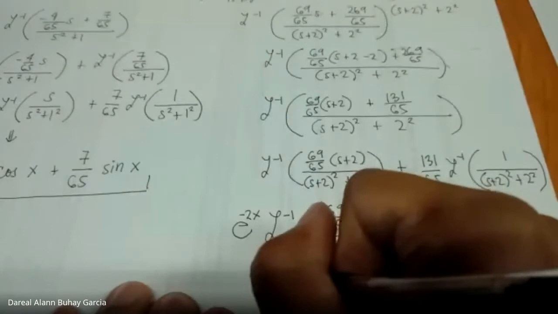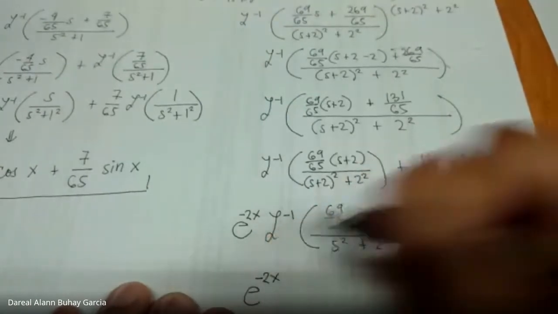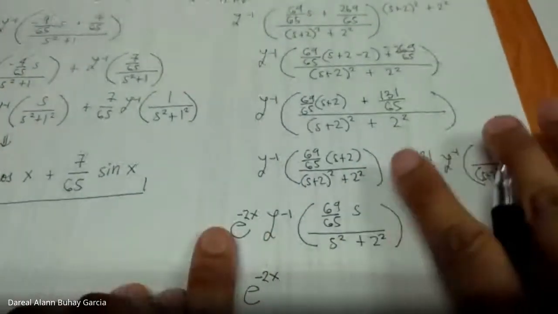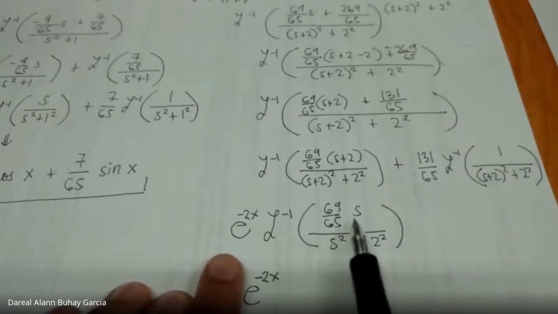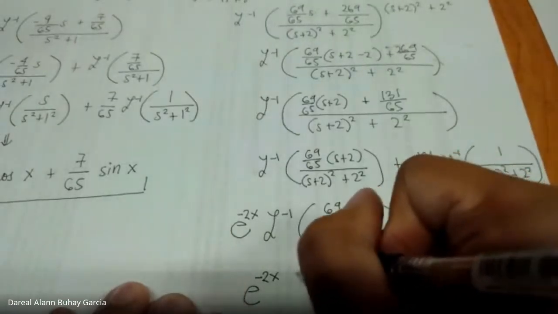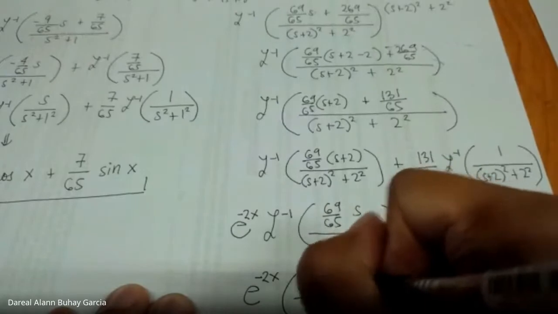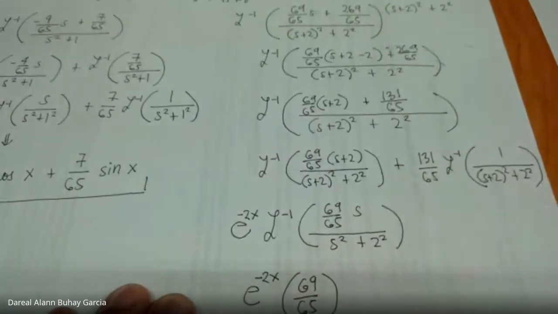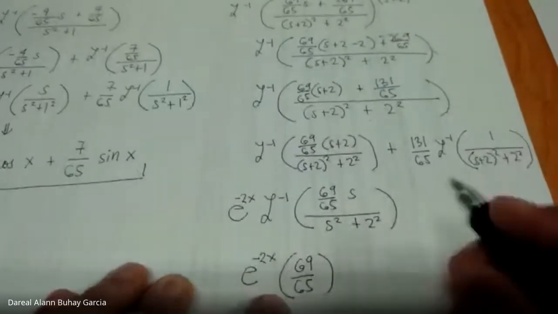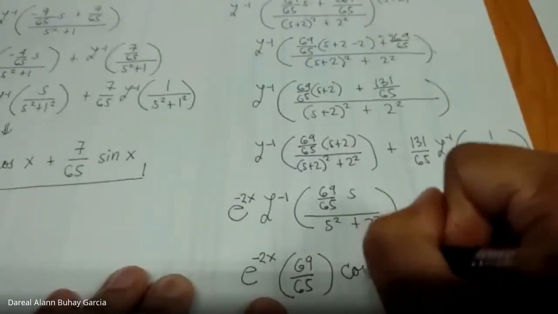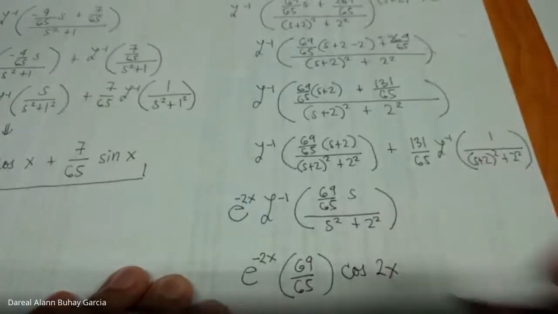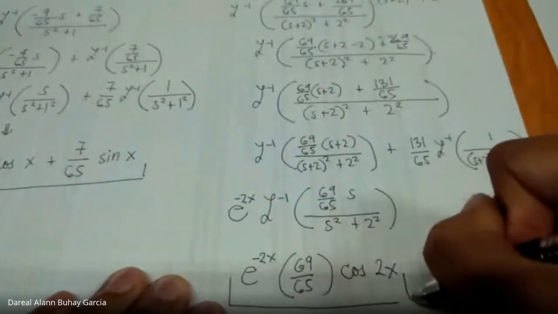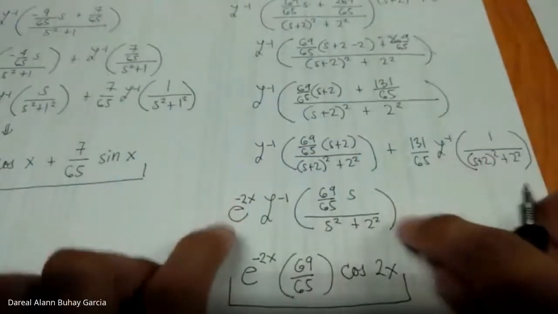So this becomes e to the power of negative 2x, times 69 over 65 times s over s squared plus 2 squared, which is cosine 2x. So that is the inverse Laplace transform of this.